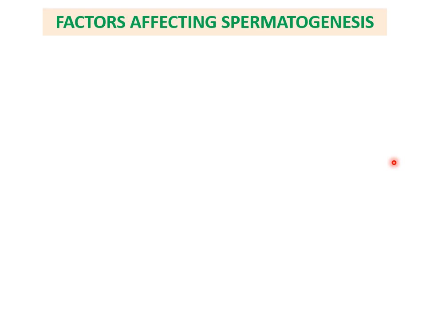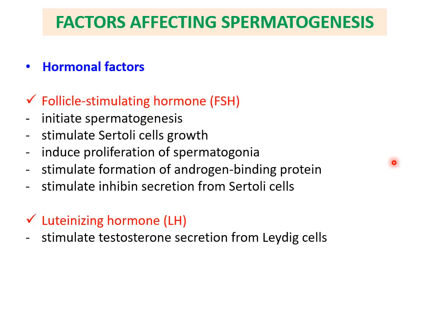Now, let's have a look at what are the factors that may affect spermatogenesis. The most important factor is, of course, the hormones, the gonadotropins, the follicle-stimulating hormone, and luteinizing hormone.